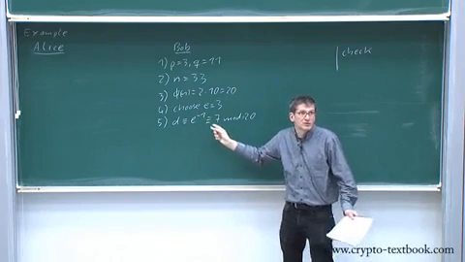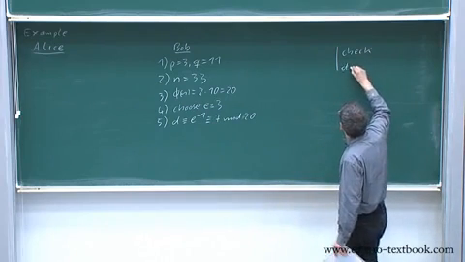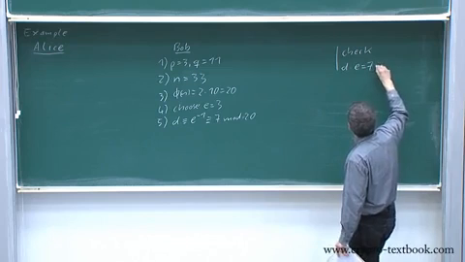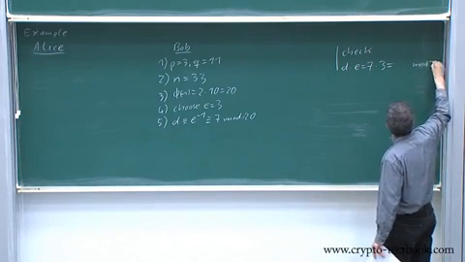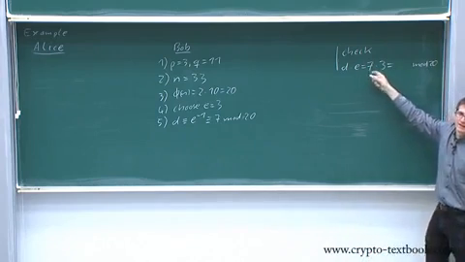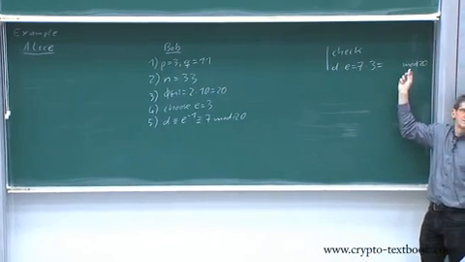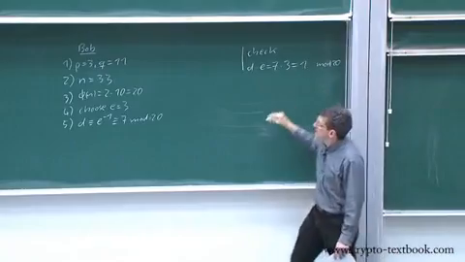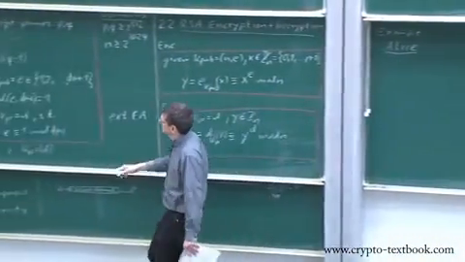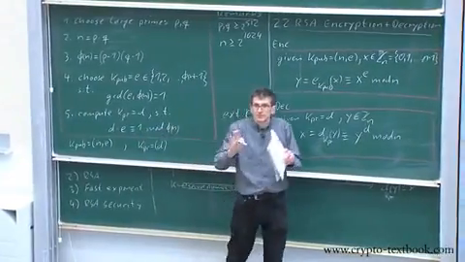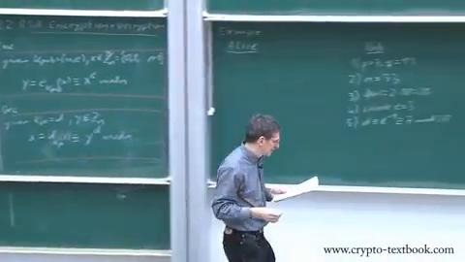Let's see whether we're doing the right thing here. d times e is 7 times 3. What is 7 times 3 modulo 20? It's 1. And that's the GCD condition, right? Where is that? Here. The example is fine. I'm not lying to you.